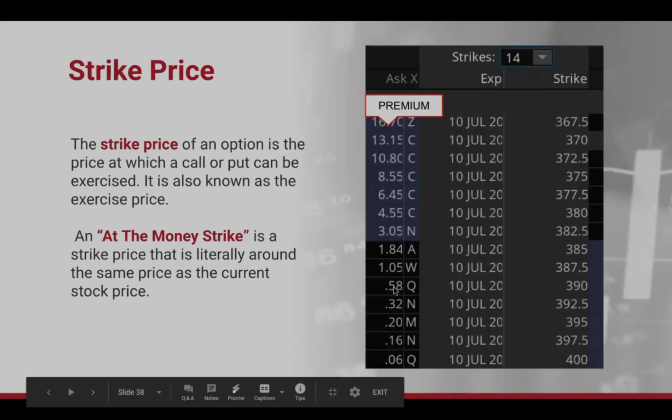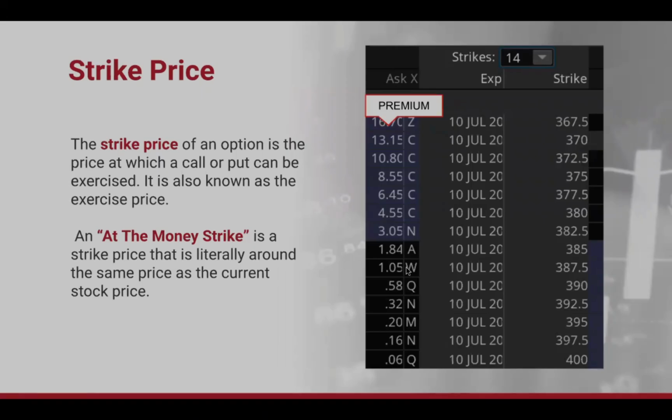This costs $105. What does that mean? That means I need to have $105 in my account to control 100 shares of Apple. Okay? And I have to give it back, or I have to do whatever I'm going to do, whether sell it, I have to sell it by this particular date, or I can exercise that option. We'll talk about that as well.